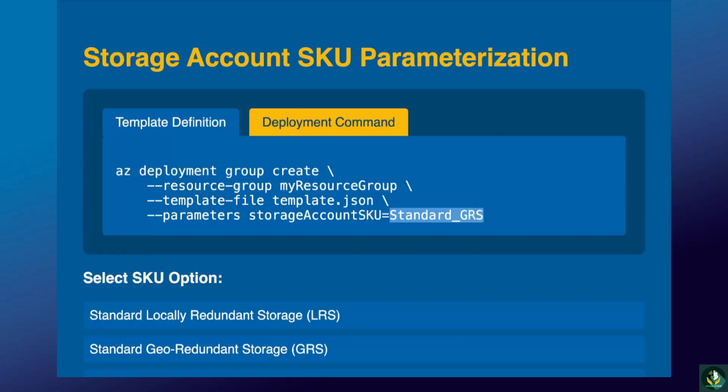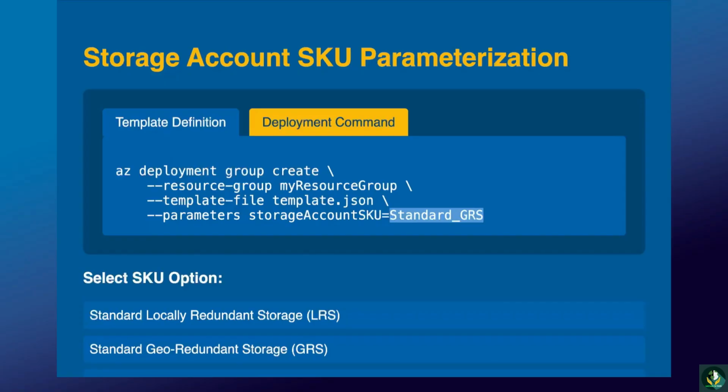And here in our example, we've got available SKU options, which include standard LRS or locally redundant storage, standard GRS or geo-redundant storage, standard ZRS or zone-redundant storage, and premium LRS, which is premium locally redundant storage. So we can pass any of these parameter options. These options provide different levels of data redundancy, as you remember from our previous modules, and performance characteristics.